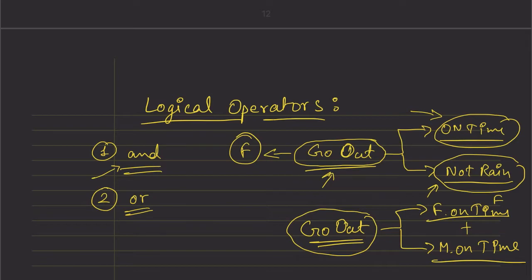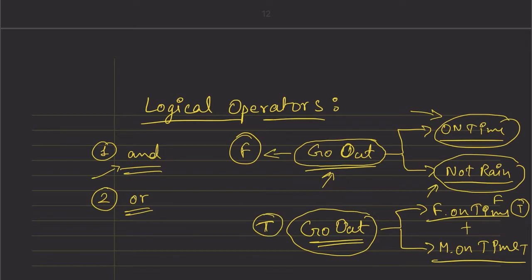So in order for you to go out, at least your father or your mother has to come on time. If your father comes on time, that means this condition is true, and you can go out. If your mother comes on time, you can also go out. If both of them come on time, you can go out.